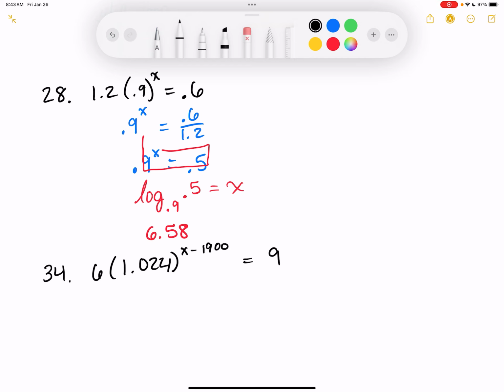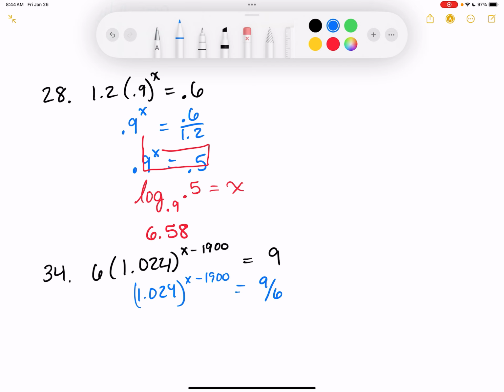So I need to do something like I did in 28. Divide it. Yep, so I'm going to divide. So 1.024 raised to the x minus 1900 equals 9 over 6.